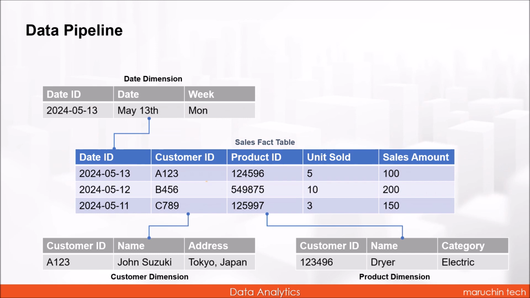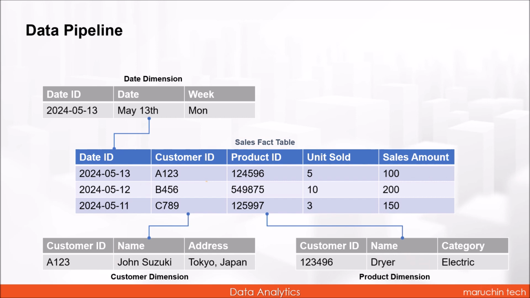And I will explain what the dimension table and fact table are. A dimension table has attribute data. The dimension table gives you the context for the data in the fact table. For example, the dimensions include the date, the customer, and the product.